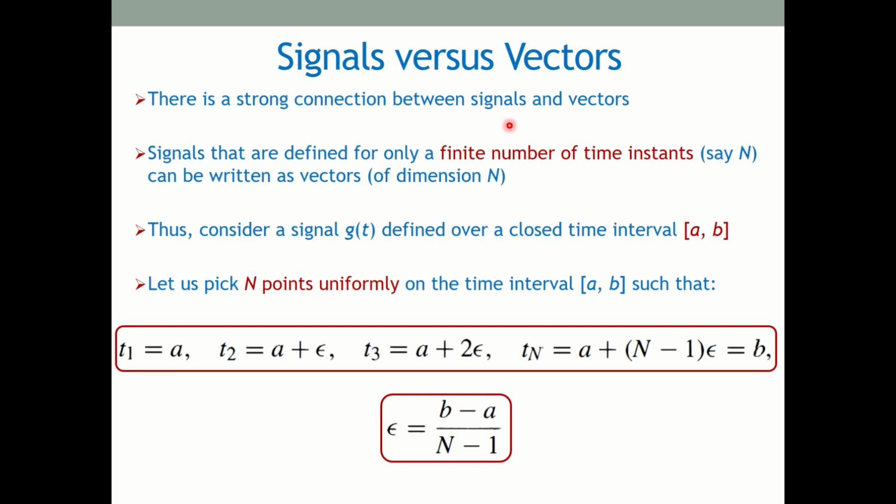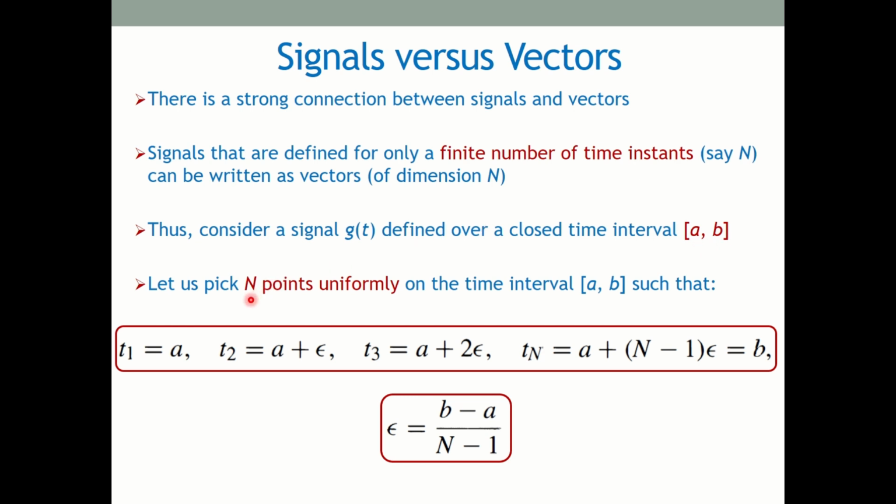To prove this connection, let's say we have a signal that has been defined for only a finite number of time instants. Say that number of time instants is n. So let's say the continuous time signal that we have is g(t), and it's defined over an interval from time t equal to a to time t equal to b.